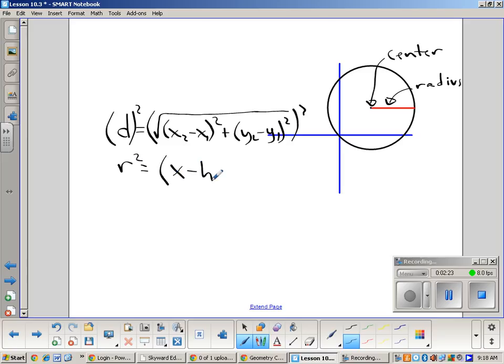x minus h squared plus y minus k squared, where this point right here that we call the center is labeled (h, k), and this point that's out here on the circle is just some (x, y).